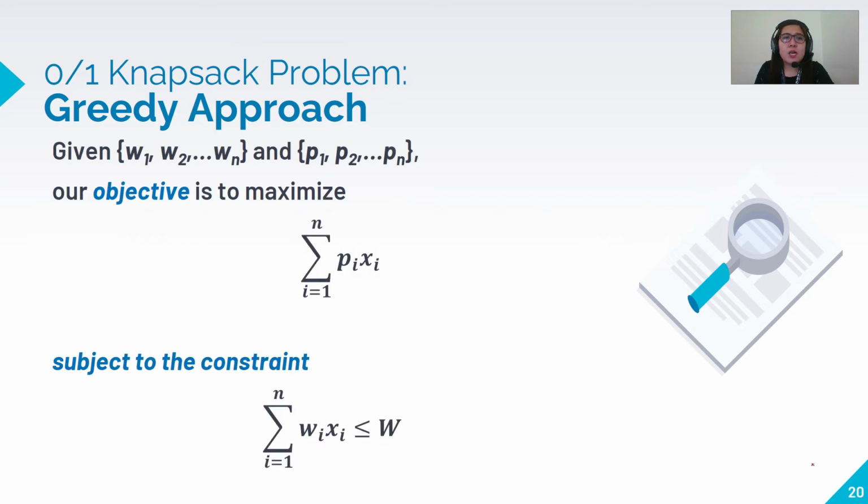So our objectives, we are given the different weights of the item and the profits, our objective is to maximize that. The profit should be included, subject to the constraint that the weight should not exceed to the capacity of the knapsack.